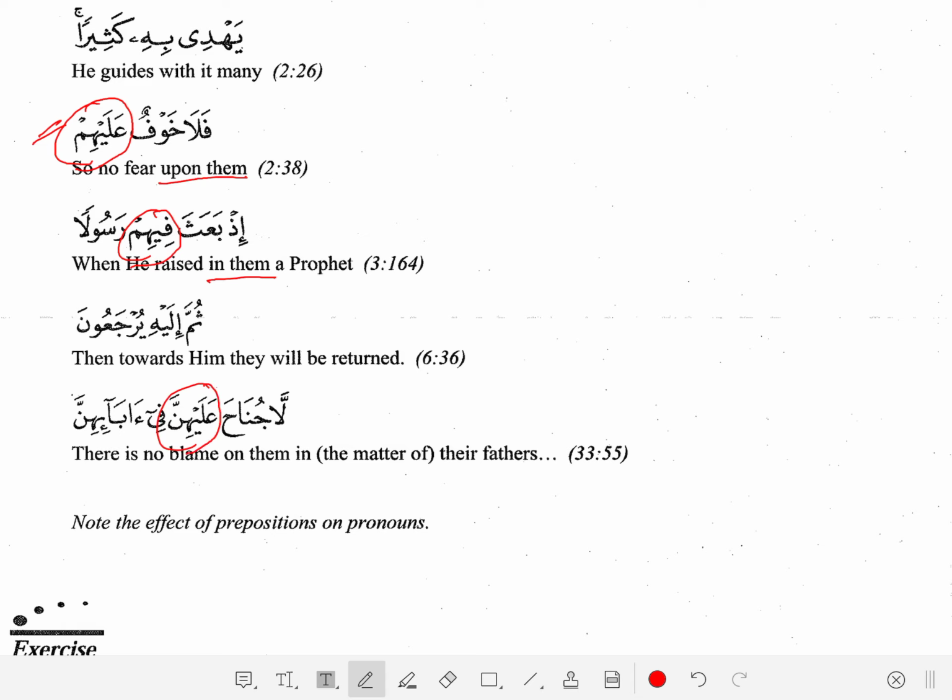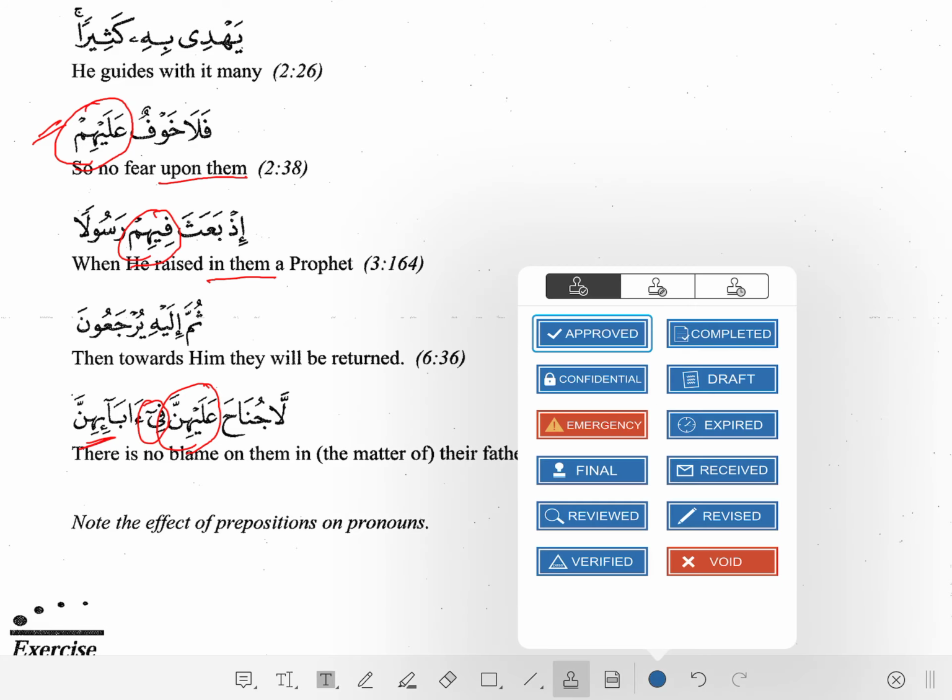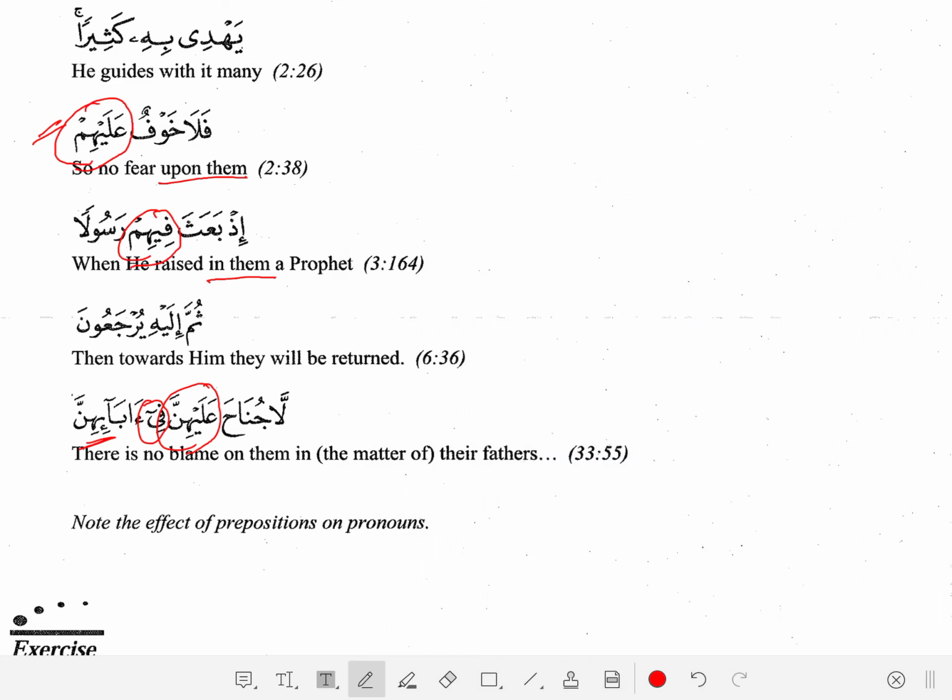So ala plus hunna, alayhinna fi abaihinna. Again we have this fi abaihinna, right? So this is an example which contains both actually.